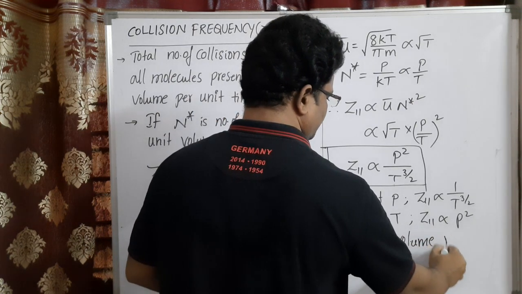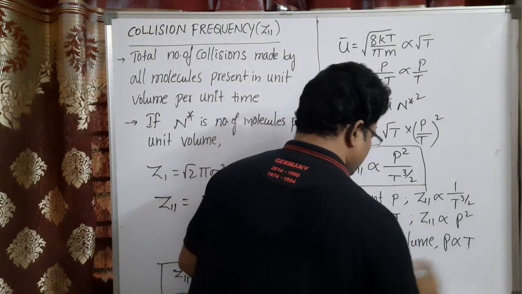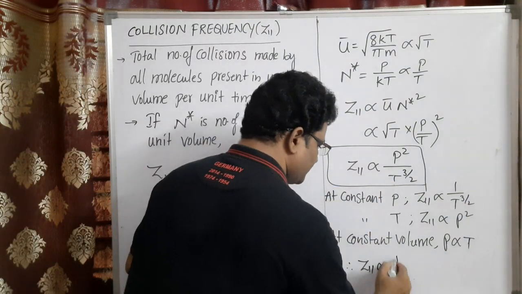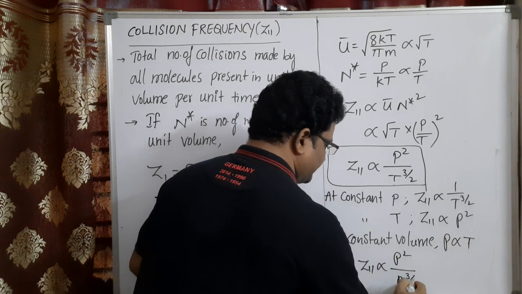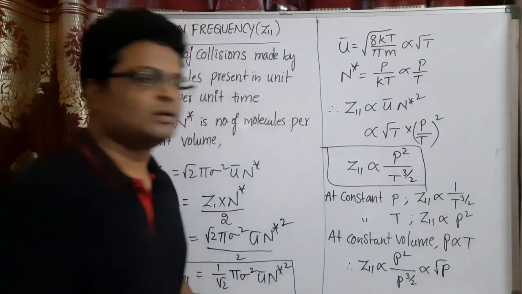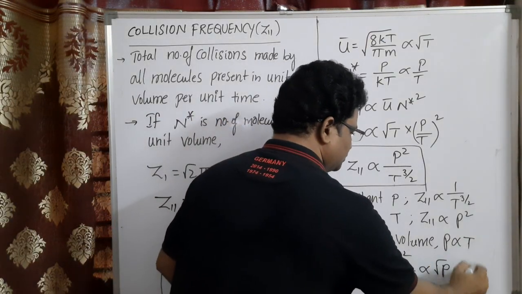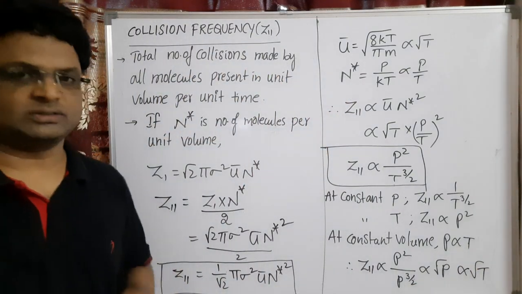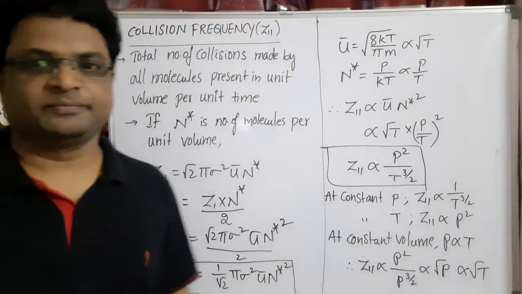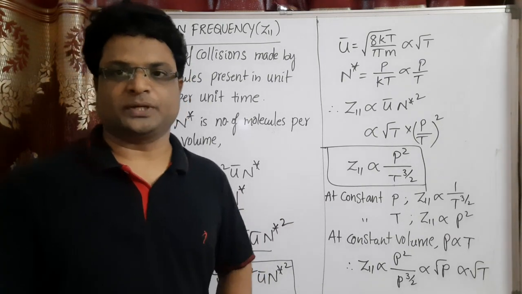But at constant volume, from Gay-Lussac's law, P is directly proportional to temperature. P is proportional to T. Therefore, Z11 is proportional to P square by P power 3 by 2, which is proportional to P power 1 by 2, that is root P. Similarly, Z11 is proportional to root T also, since at constant volume P is directly proportional to temperature, so root P is proportional to root T. So this is the dependence of collision frequency on pressure and temperature.